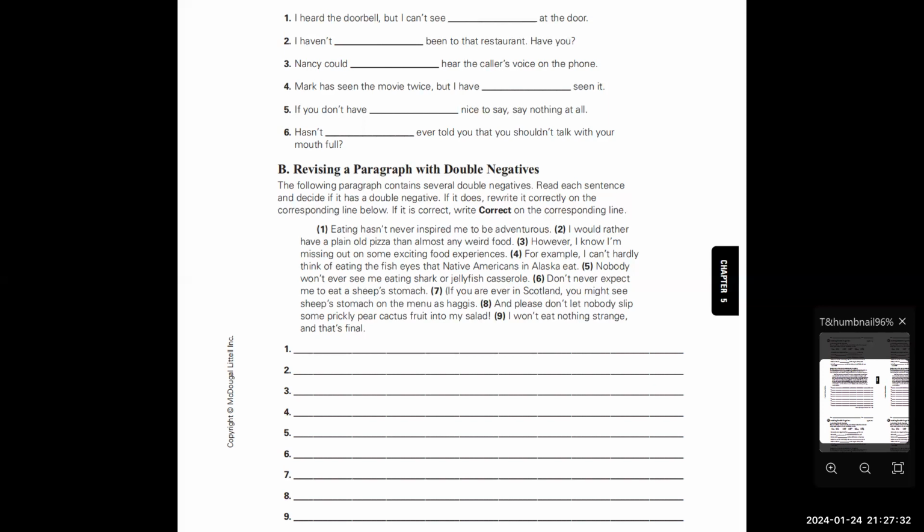Not all the sentences have mistakes, so you need to analyze the sentence if it has mistakes or none. The following paragraph contains several double negatives. Read each sentence and decide if it has a double negative. If it does, rewrite it correctly on the corresponding line. If it's correct, then just write correct. Understand? So not all.